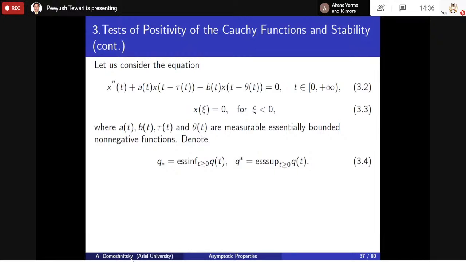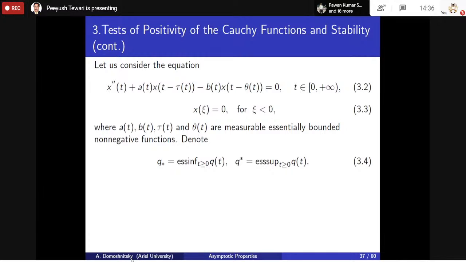Let us consider the following simple example. We have only two terms here, one with a positive coefficient and one with a negative. We denote that if we set star below, we have the infimum and the supremum of the coefficients.